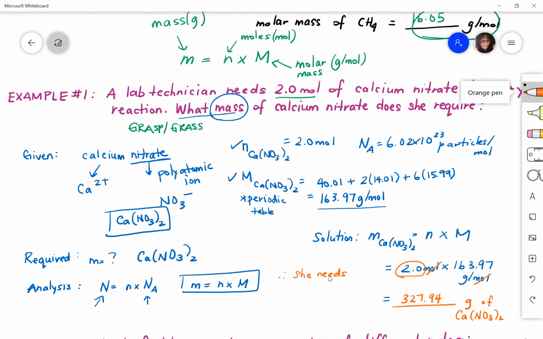But, so we could say, therefore, she needs 327.94 grams, or approximately 330 grams of calcium nitrate. Right? Just so we're answering the question. So this is our final statement.